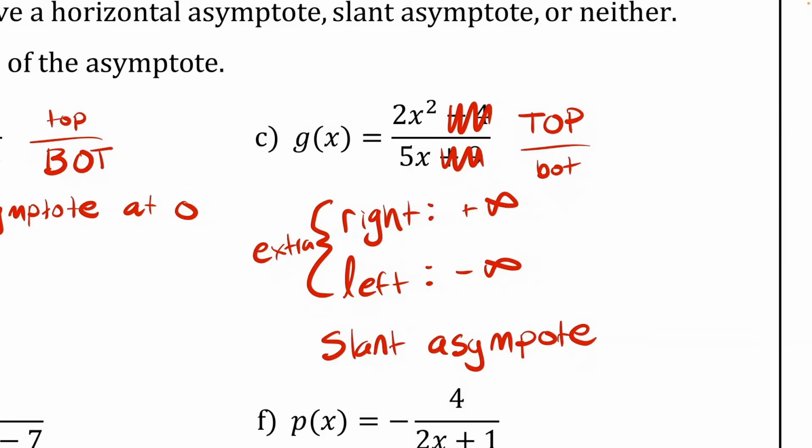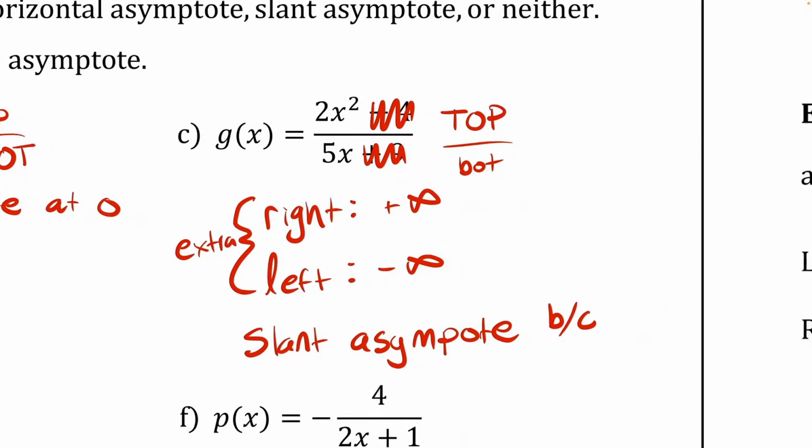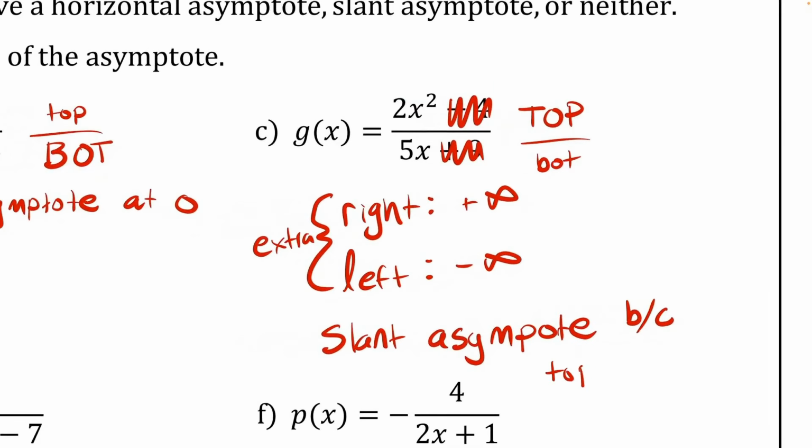It's a slant asymptote. Why? Because the top is the bottom plus 1. If I take the top degree, I'm just adding 1 to the bottom degree, therefore it's a slant asymptote. So there's our final answer, slant asymptote.